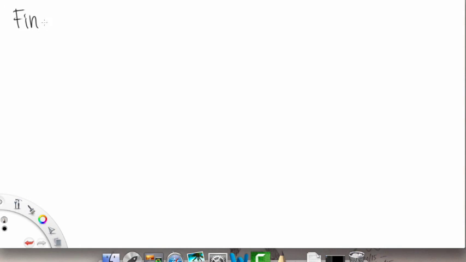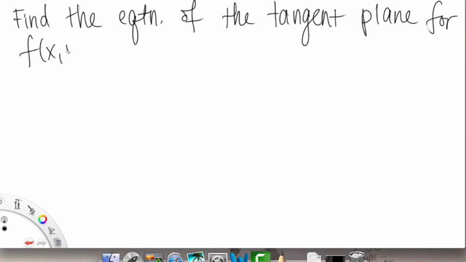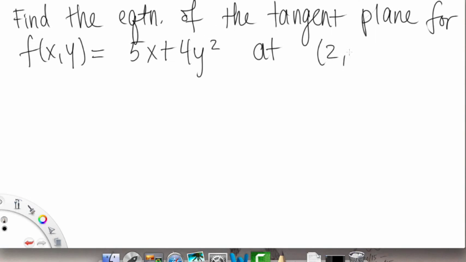Now let's do an example. We're going to find the equation of the tangent plane for f of x y equals 5x plus 4y squared at the point 2, 1.